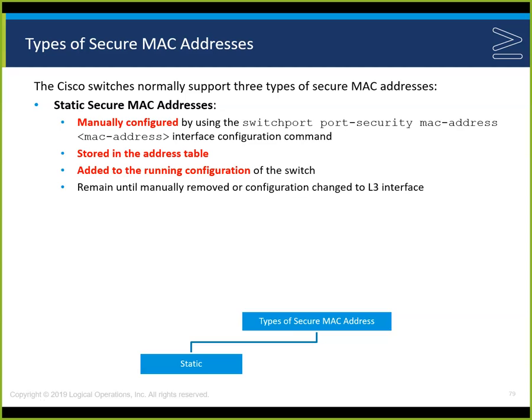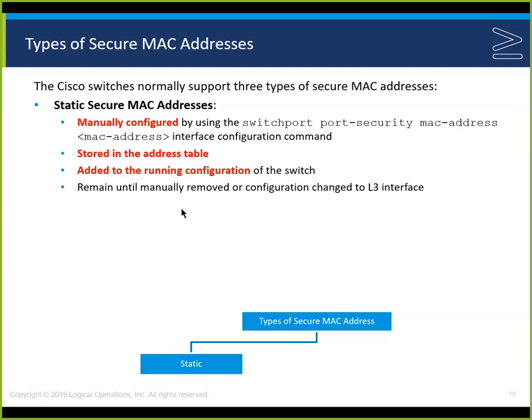But they will go away if we have a power failure. If we restart, the system has to relearn all those addresses and repopulate the MAC address table. Addresses are added to the running config file when we configure them manually or use the sticky method.